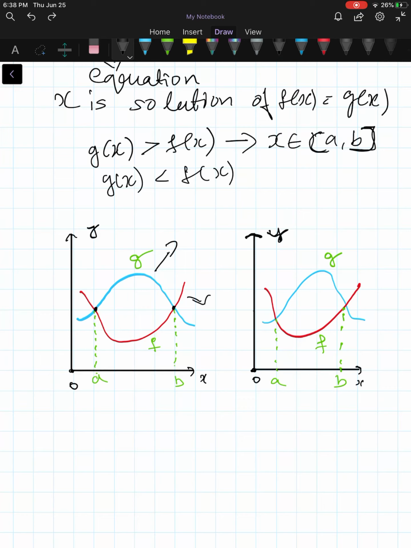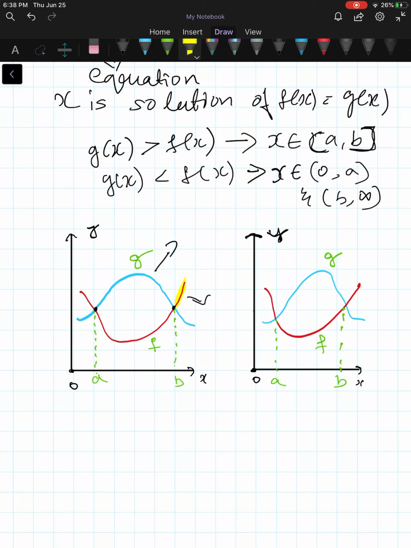And g of x is less than f of x. Where is it? It is when x belongs to 0 to a and b to infinity. Then f of x is greater here, so I will shade that region in yellow.